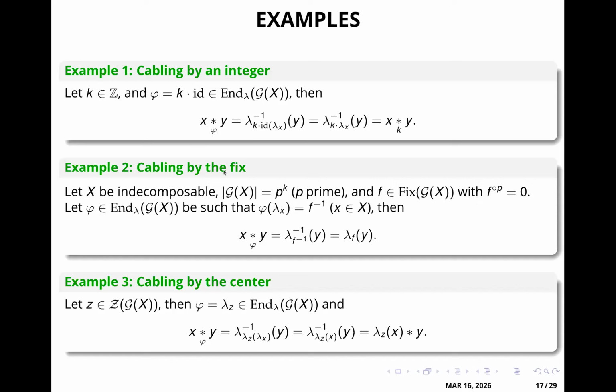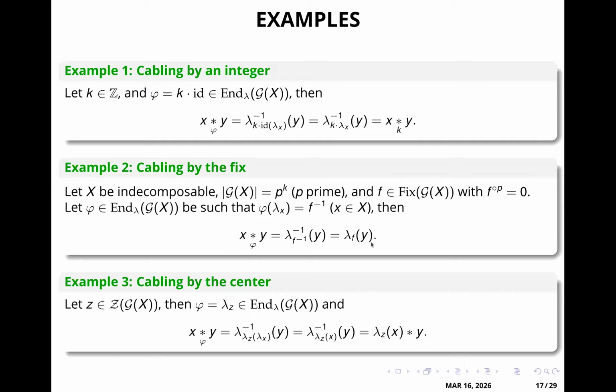Then we define an endomorphism that maps each lambda x to the inverse of f. In this case, the cabling is simply the solution where each element acts by lambda f. So this is also an example, a bit artificial, but still an example.